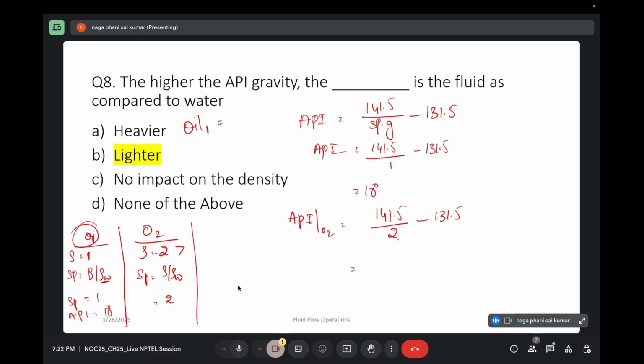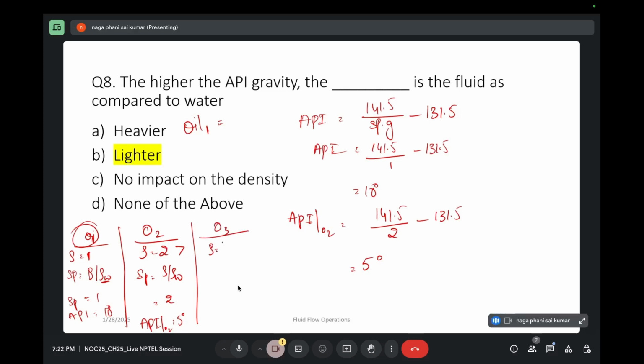Can anyone tell me the value of this? 5. Okay, I'm just writing down what you are saying. So in this case, API gravity is 5 degrees.